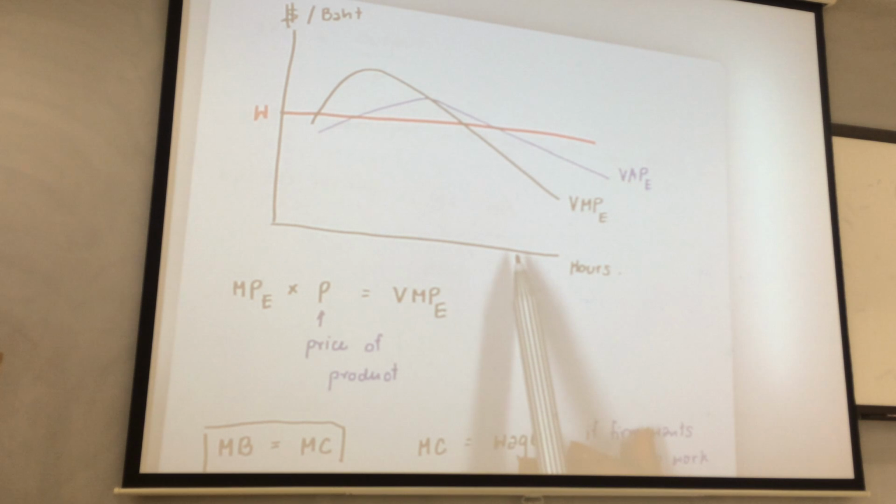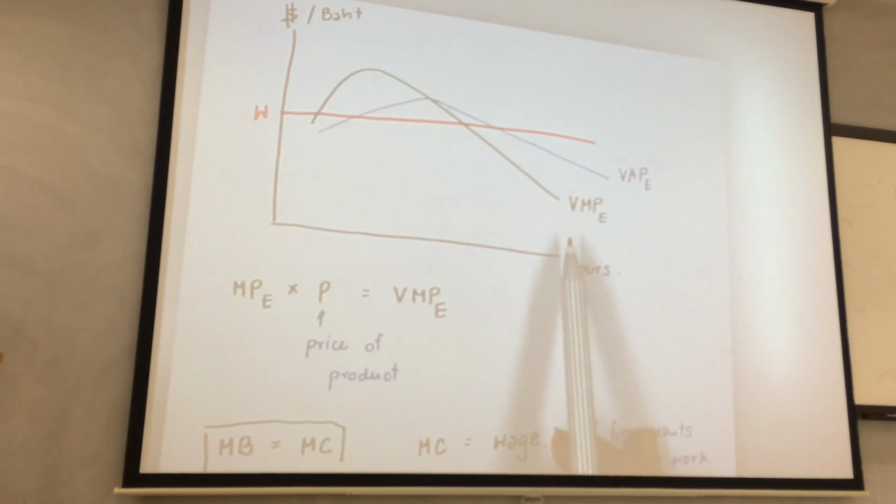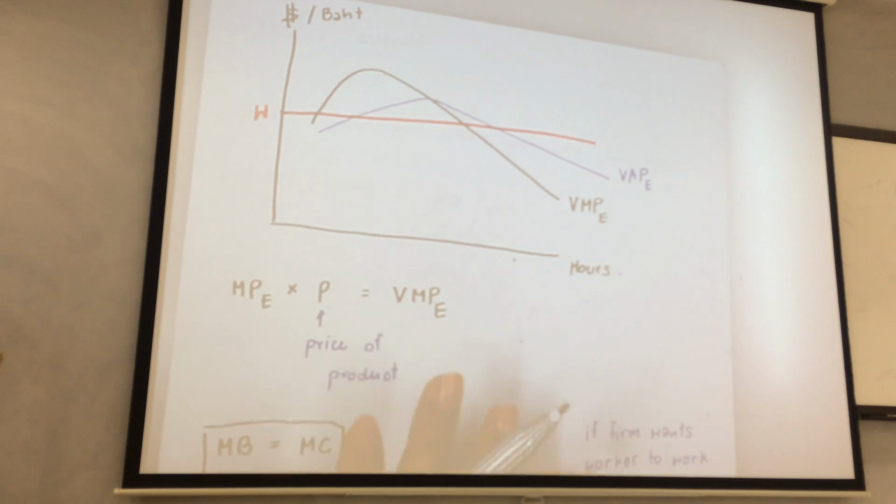So what is the additional value? That would be the benefit that you receive from hiring 1 more worker. No, sorry, for hiring 1 more hour. I kept going back to worker because my company is always workers. Fine. So if you hire 1 more hour, you will receive VMP right here.